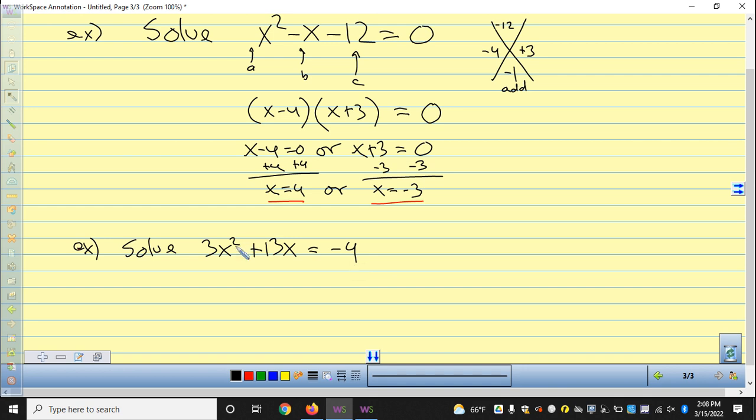So I see this x squared, and the first thing that I think is, well, for my equation, I need it to equal 0. Well, here we have a -4. So I'm going to add 4 to both sides. And I get 3x squared plus 13x plus 4 equals 0. Now I have my quadratic equation the way I want it.